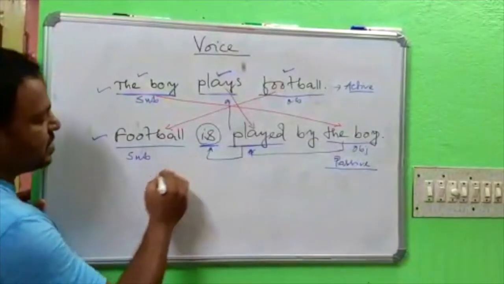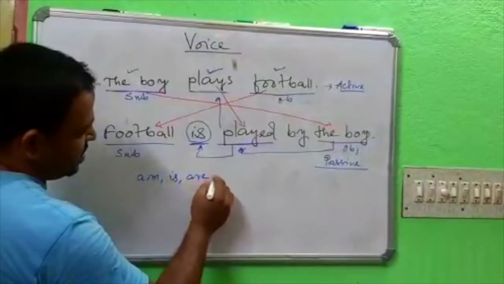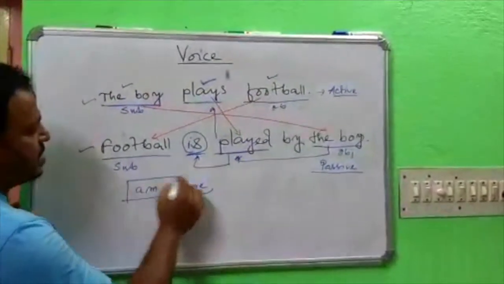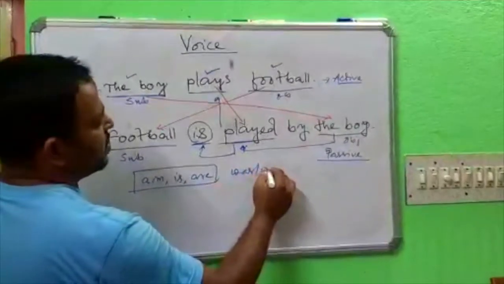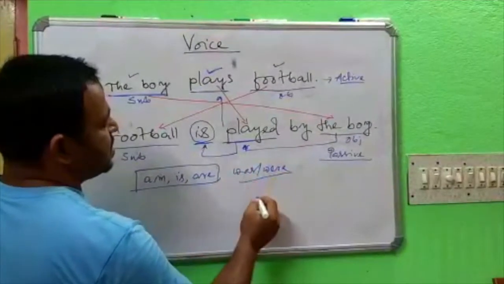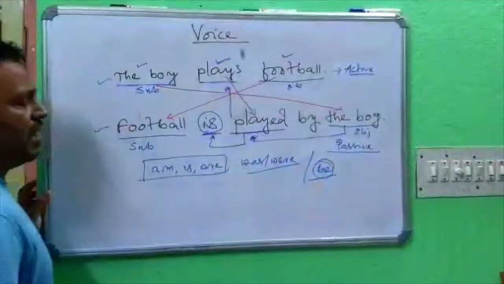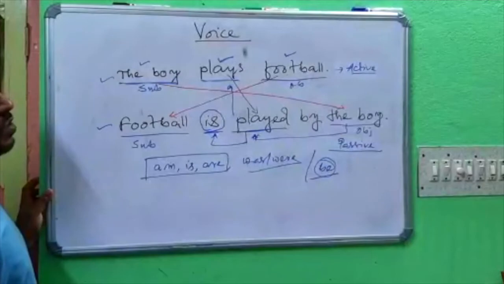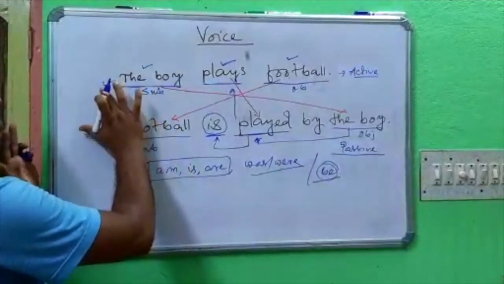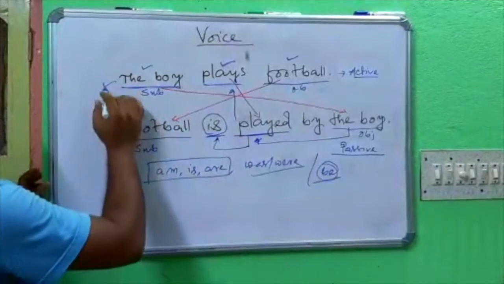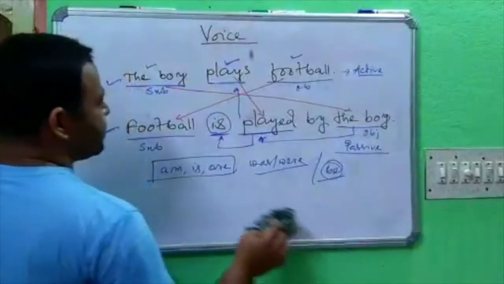That means the be verb may be am, is, are in present tense, was, were in past tense, and be itself when the modal auxiliaries are used. This is the example that I have cited here. Let's see another example.